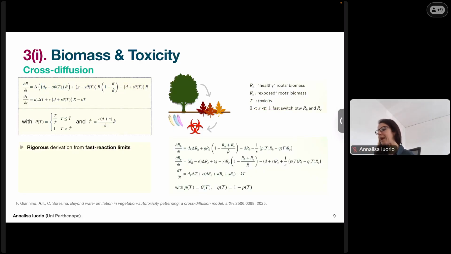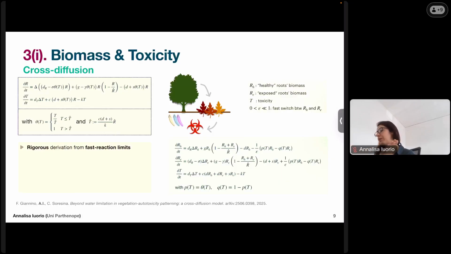So the idea was to say, okay, if we include all these three effects at a mesoscopic scale, and we use fast reaction limits to derive this model from a scale where the roots are divided into two subclasses that we define as healthy roots and exposed roots, what do we obtain?